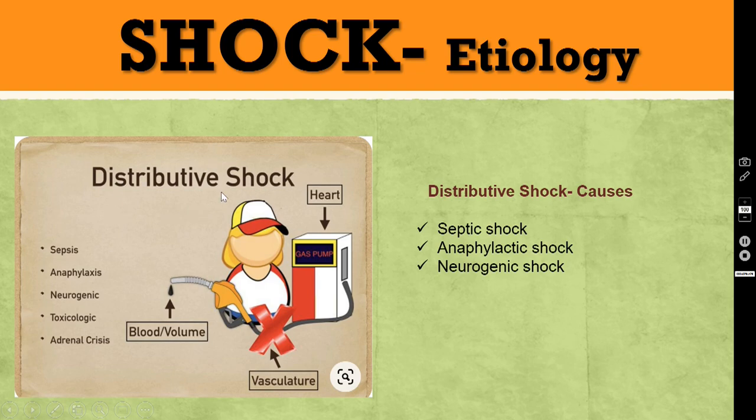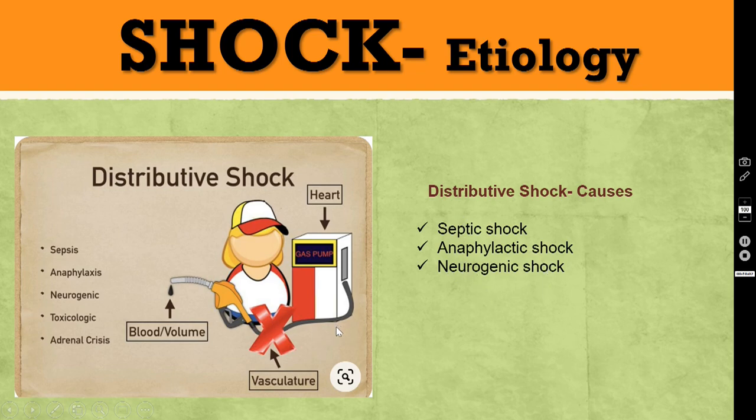Normally, it should be in the splanchnic vessels, but because of this maldistribution, the majority of the blood volume is going to be in the peripheral vasculature, and that is the cause for the shock. Some of the causes for distributive shock are septic shock, anaphylactic shock, and neurogenic shock.